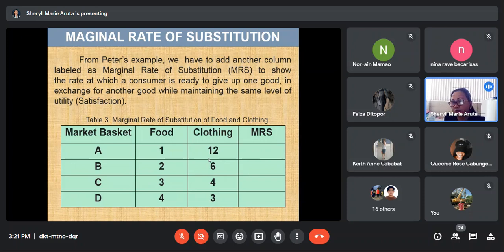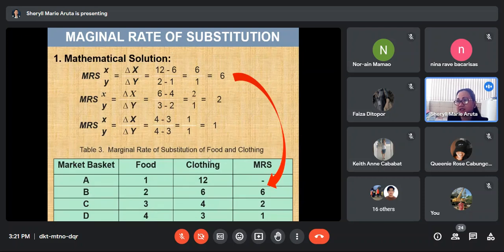So if we are going to compute the MRS, this is the formula. MRS for market basket A is just a dash because there is no prior activity, since we started at combination A. Peter has 1 unit of food and 12 units of clothing.